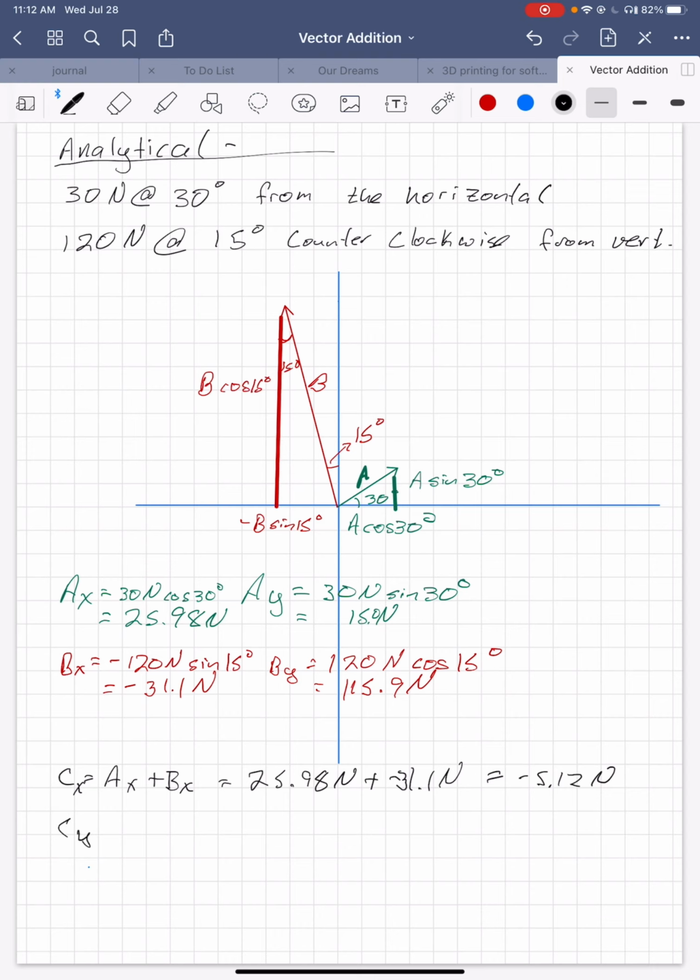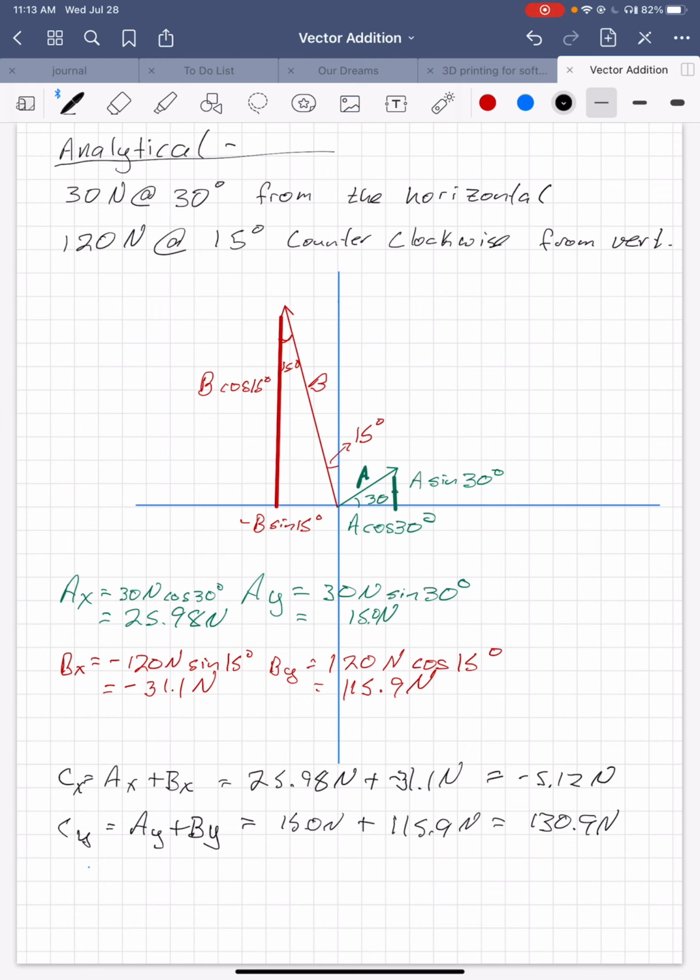And CY would be AY plus BY, which is 15 newtons plus 115.9, which gives me 130.9 newtons. All right. So I now have my vector C in component form.